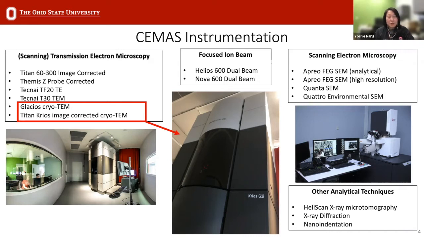We also have a Vitrobot, which is not listed here, but that is for plunge freezing of samples. So you see we have a wide array of instrumentation, and some of these might be of interest to those of you working with cells or tissues and have a Cryo-EM project there.